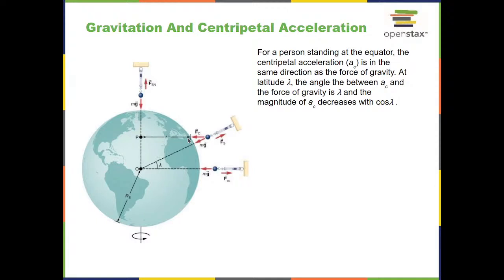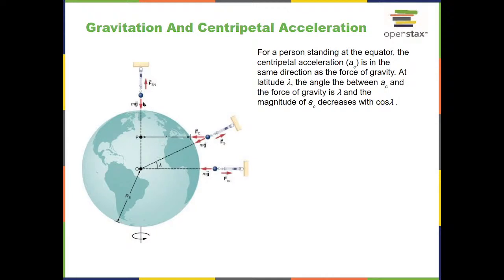If we have a scale, let's start by looking at the scale at the North Pole. There's a force that the spring, as part of a scale, exerts on this mass to pull it up, to counteract the force of gravity that is pulling down on that mass.